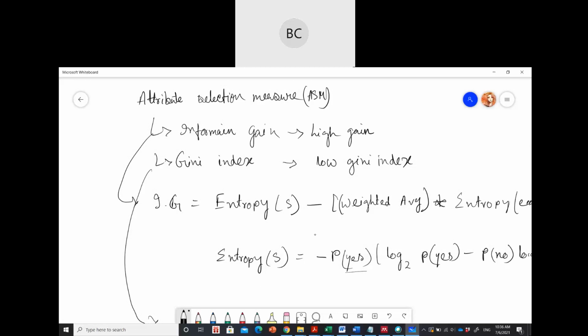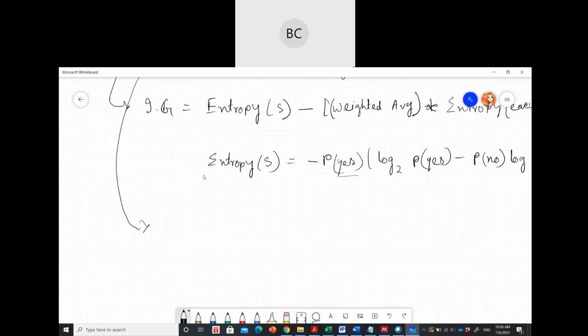Gini index basically creates a binary split, and the CART algorithm uses it to create the binary split. The equation is Gini index equals 1 minus the sum of the squared probabilities of all the classes.